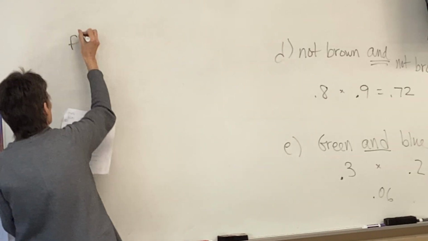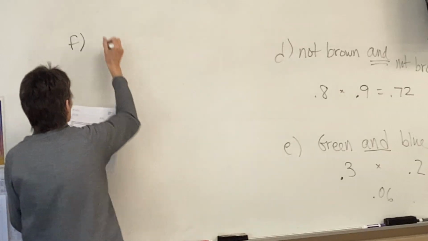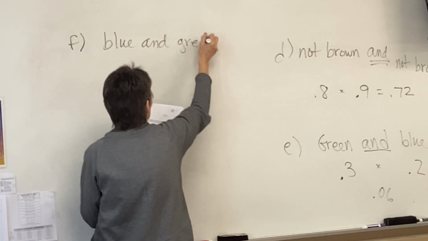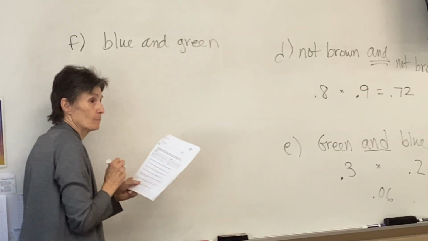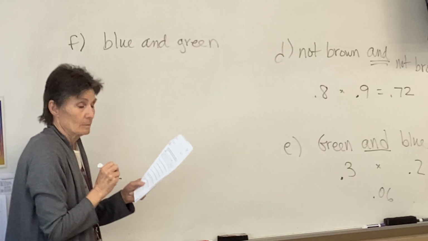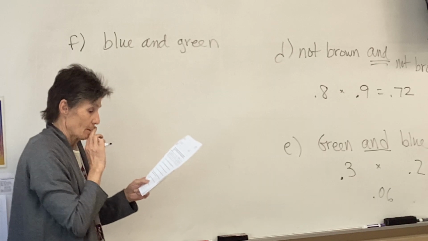F, oh my gosh, what's the difference with F? F looks like the same question. I want blue and green. It's just switched. E says the first one, F says that one maybe. So what again?